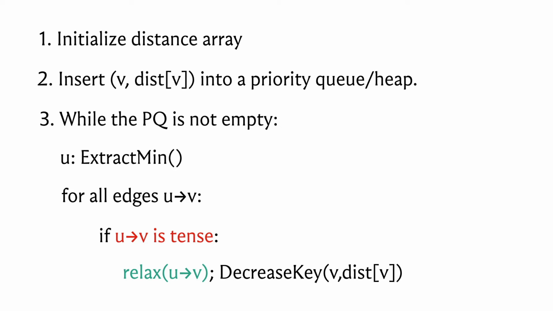And remember that whenever you do the relaxation, you also want to remember to update the value of V in the priority queue as well. So that's the decrease key operation here, and this is essentially the whole algorithm.